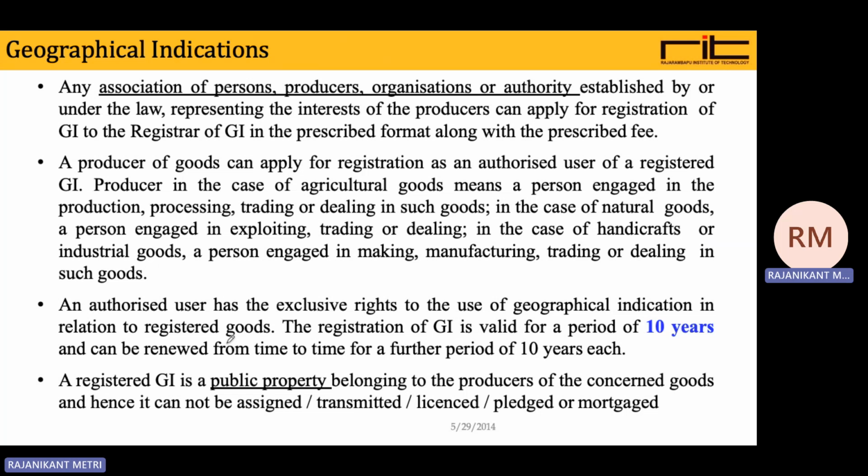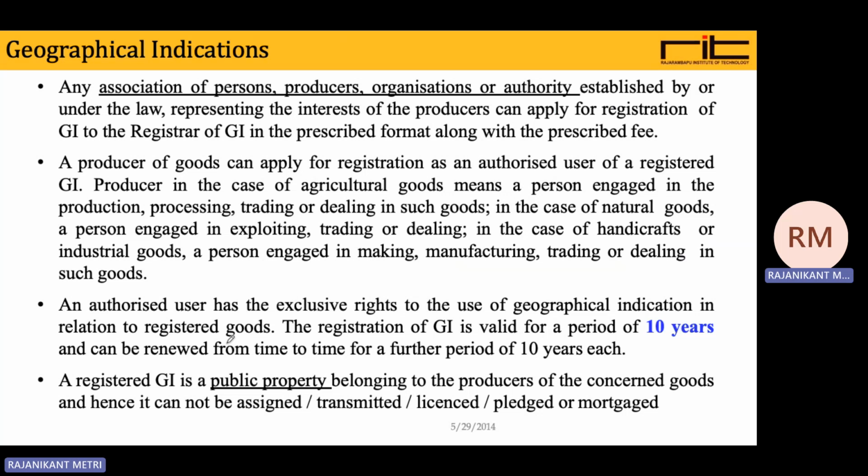So again, we know that Mumbai's vada pav, Pune's misal, Nagpur's Haldiram sweets, and all these different things fall under geographical indications. And the producers can apply for registration of a GI to the Registrar of GI in the prescribed format, along with the prescribed fee.